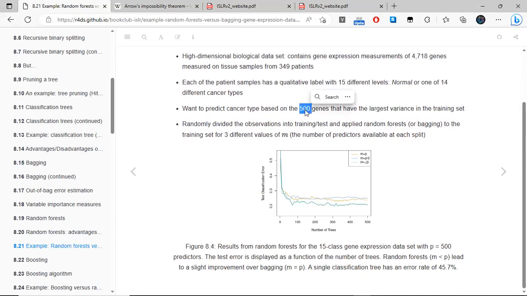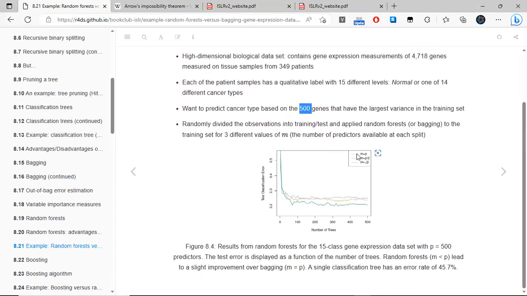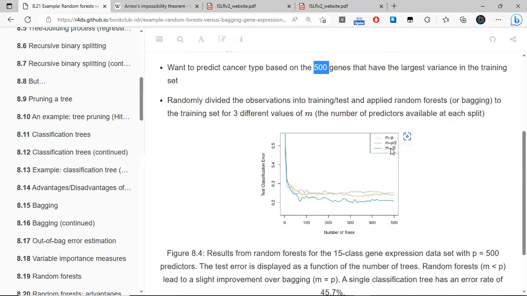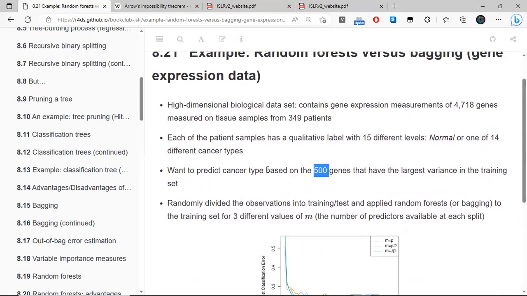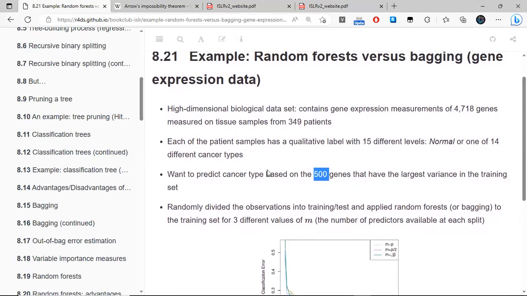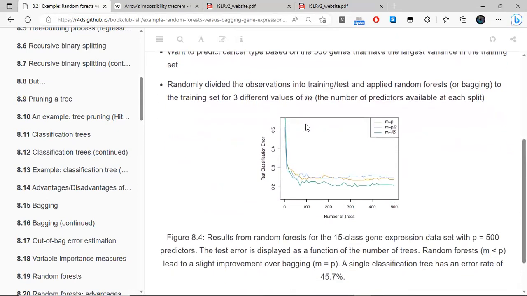So we limit ourselves to 500 predictors, and we compare the change in the test classification error, where we are trying to predict out of 15 possible different levels of some qualitative variable.